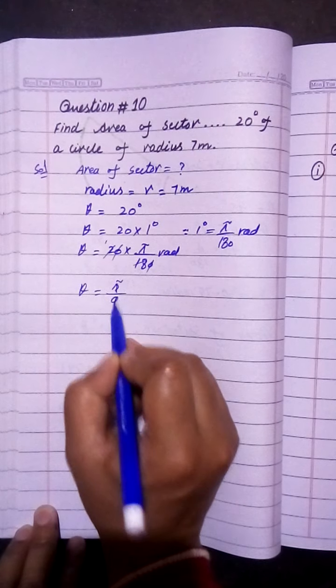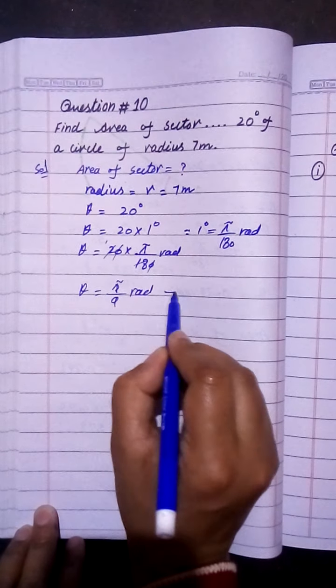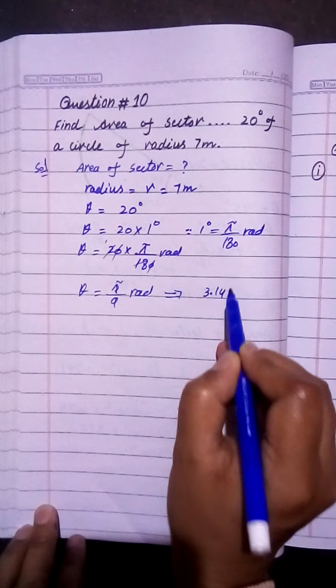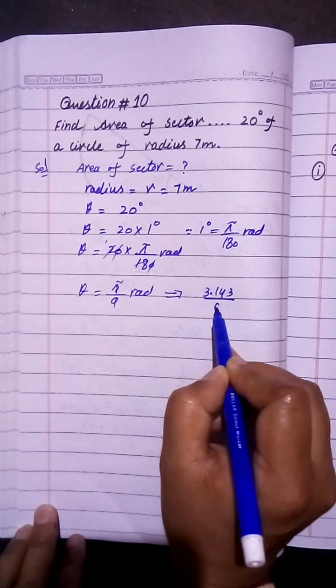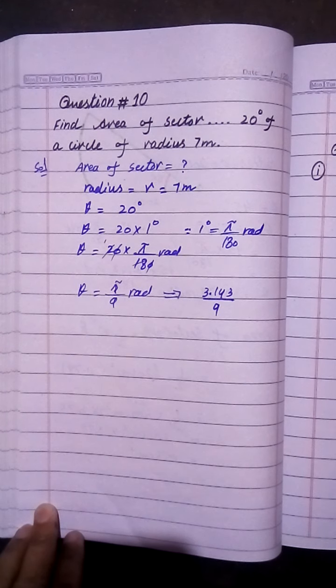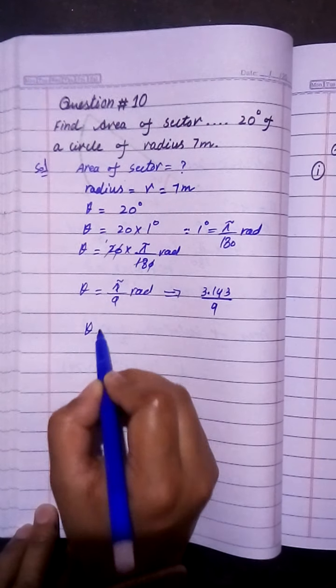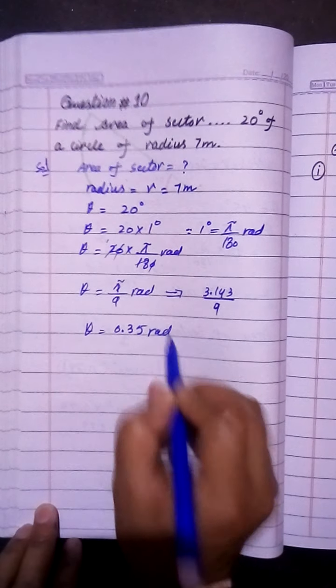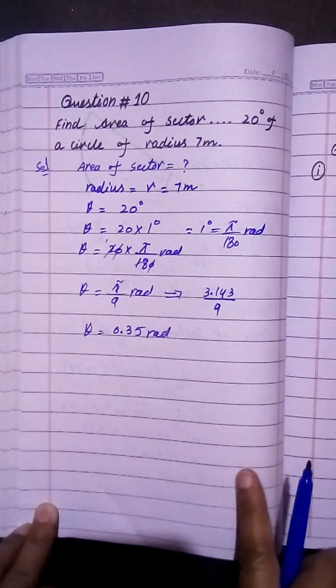So pi by 9 radian. Put the value of pi here. Pi equals 3.143 or 22 by 7. Now after dividing 3.143 divided by 9 you get here theta equals 0.35 radian. Now you have converted degree into radian.